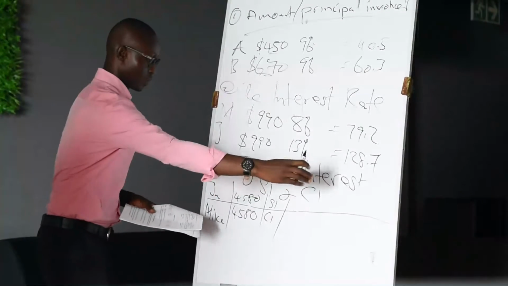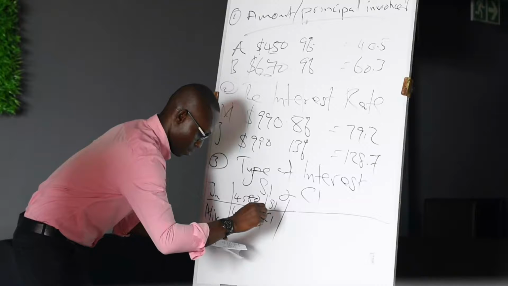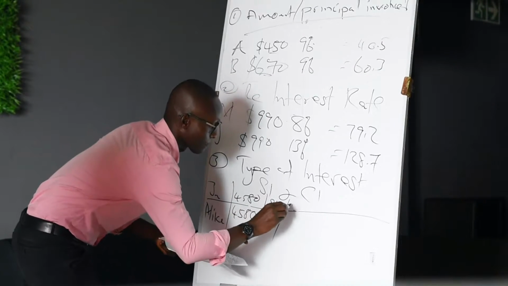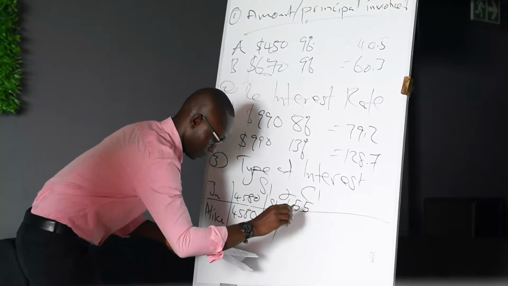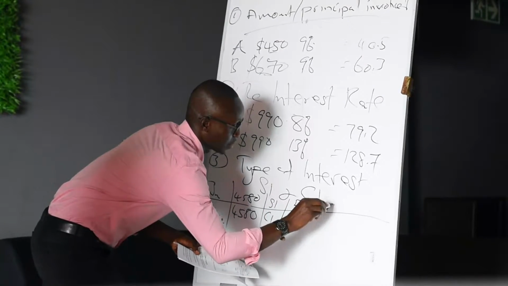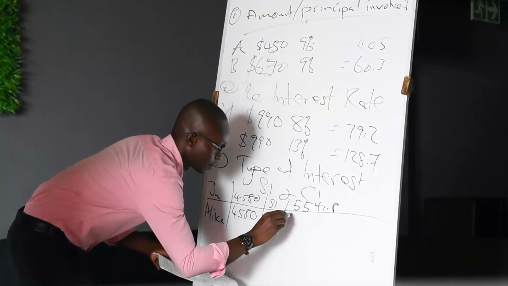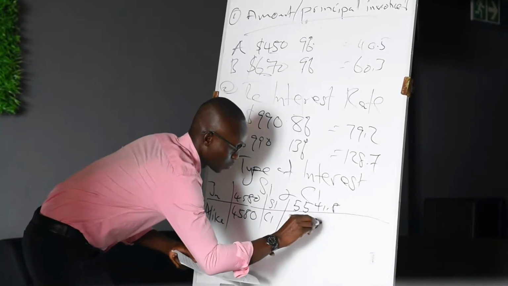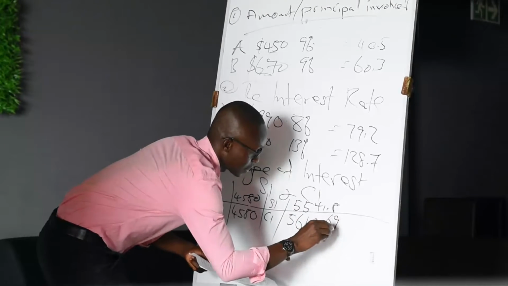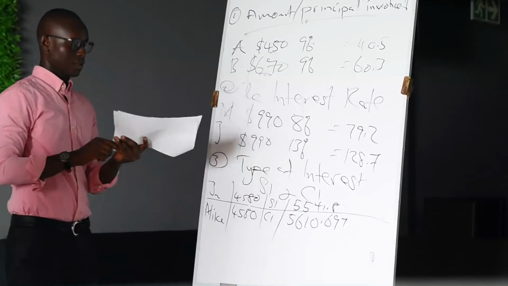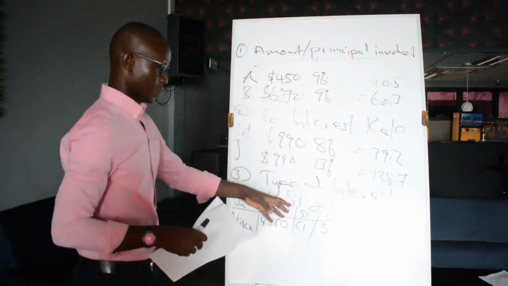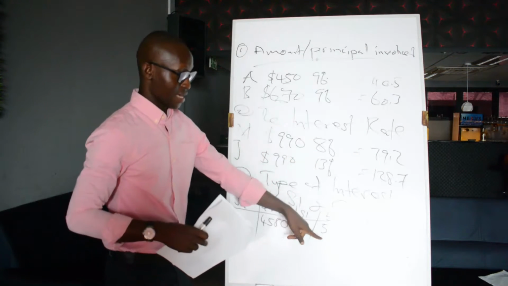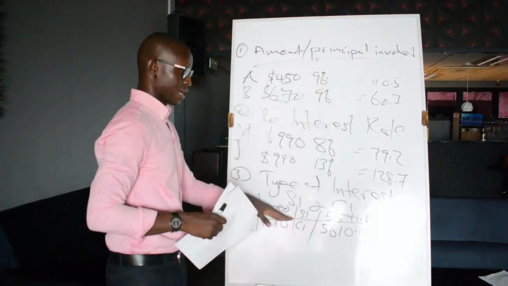Okay, but in the course of the 3 years, we are going to have 5541.8 and then 65610.697. Yes. When you do your calculations based on the first year, second year, and the third year, by the end of the third year, this is what Jane and Mike are going to get.